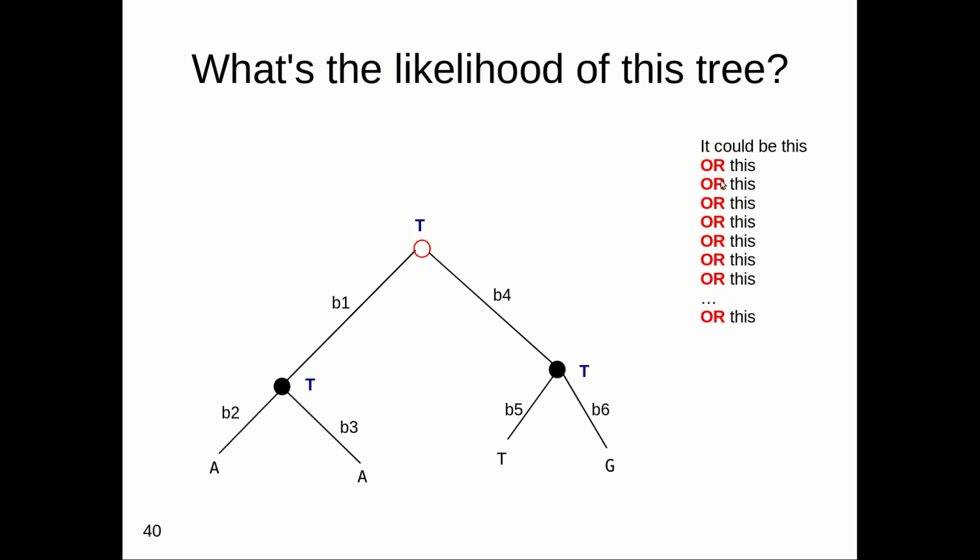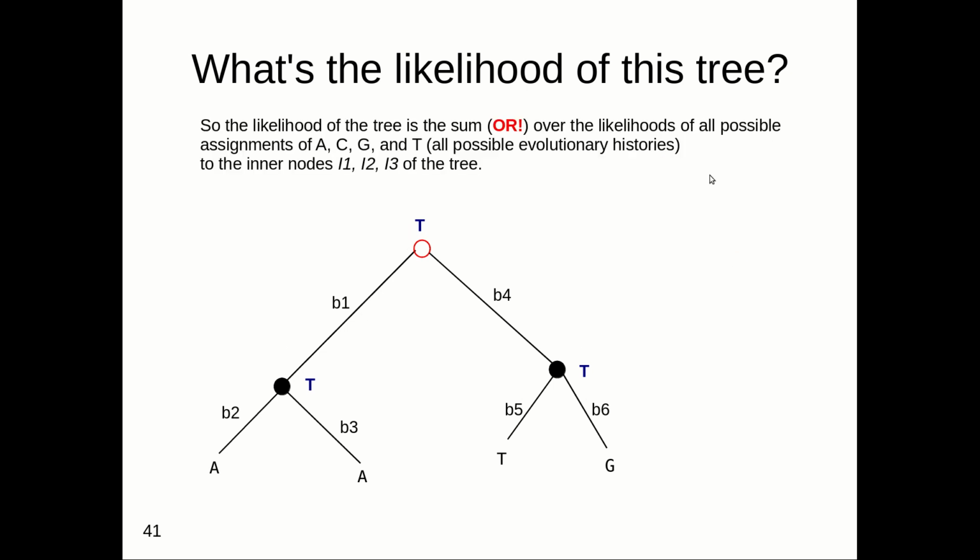So you can see it by those red ors here that we must be summing over something. And so the likelihood of the tree for which we don't know the inner states is the sum over the likelihoods of all possible assignments of A, C, G, and T, so all possible evolutionary histories, to the three inner nodes of the tree, right?